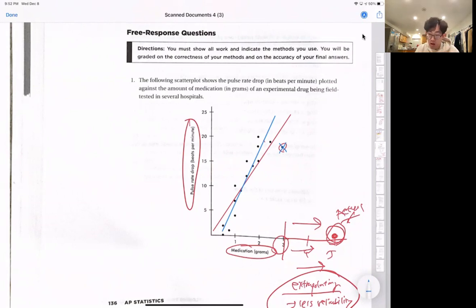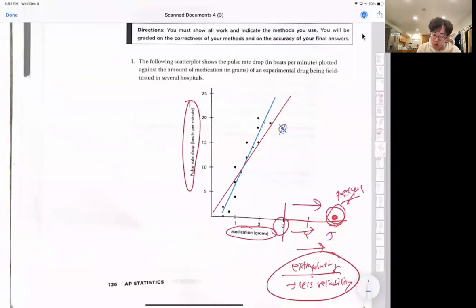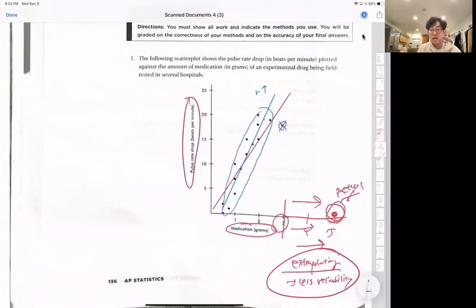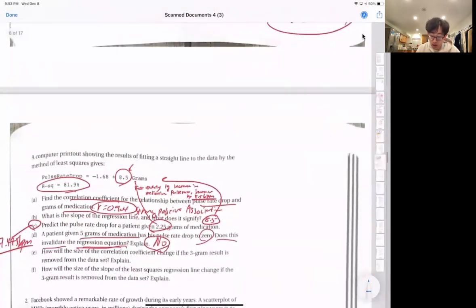So if you compare these two, you can see how the correlation coefficient will obviously increase because a lot more data is now congested around those dots for the blue line. Whereas if I were to have that little dot at 3, it's actually further away from the red line. So the residual is higher, therefore your correlation is actually lower than before.